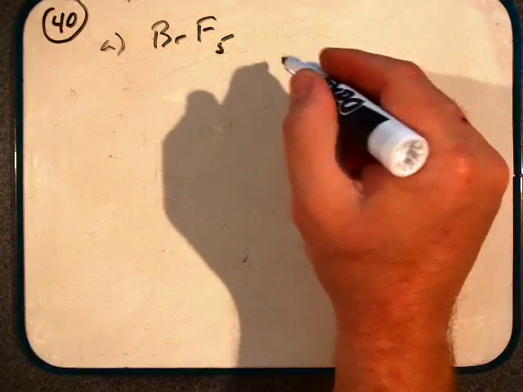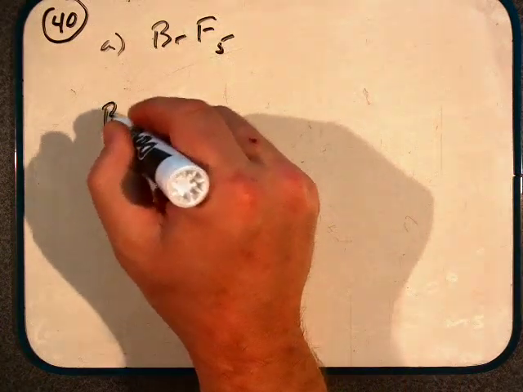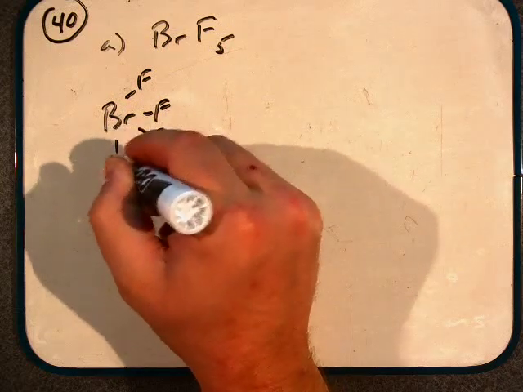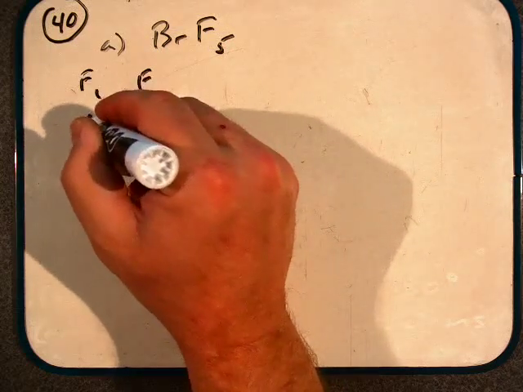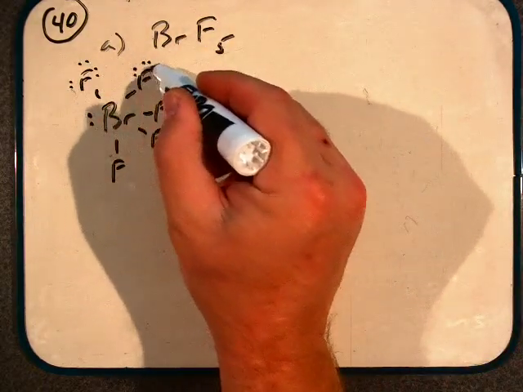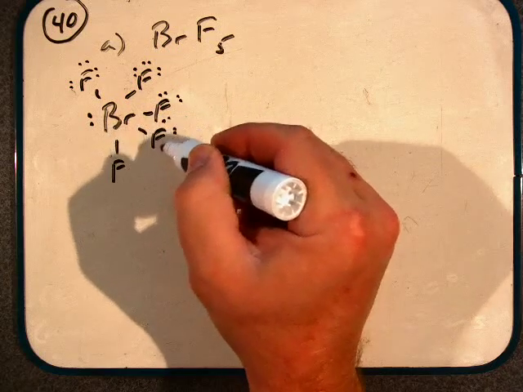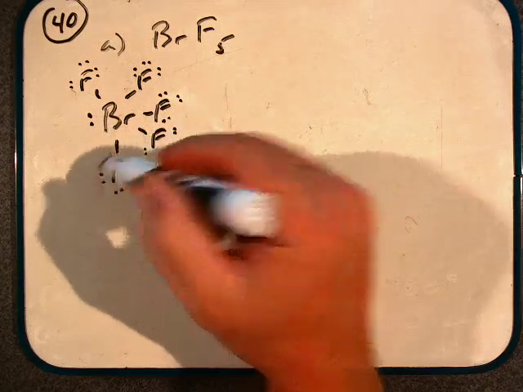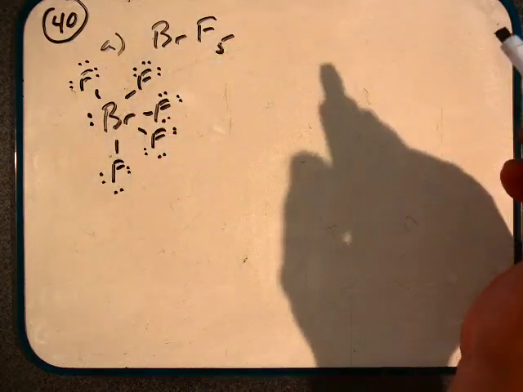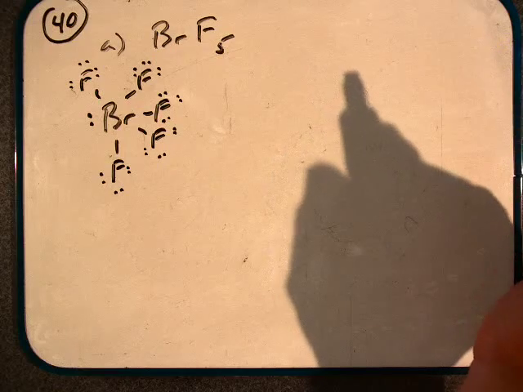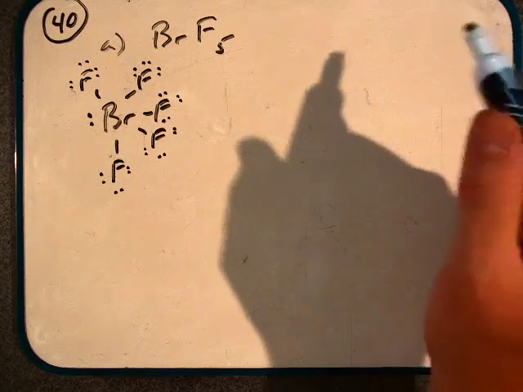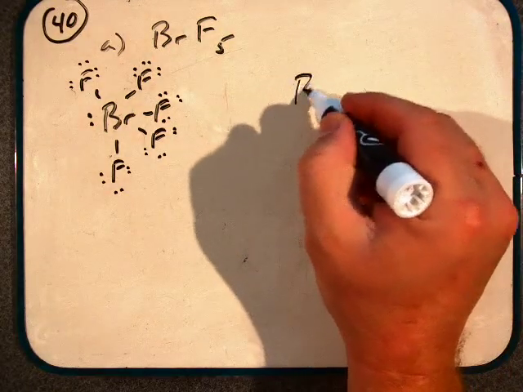When we put that structure together, we would still have a lone pair left over on the bromine atom. This would be a VSEPR order of 6, and so we should expect an octahedral geometry for the electronic, but then we would actually find that we would have a square pyramidal shape for the molecular geometry.